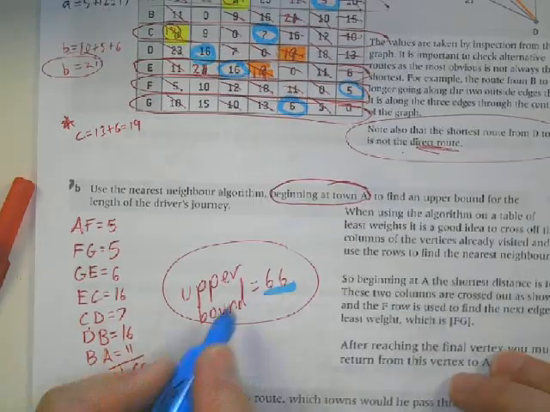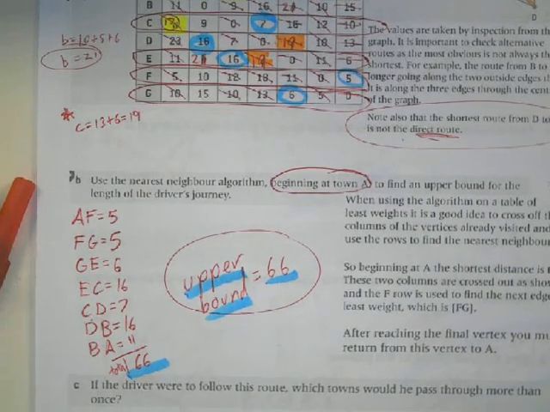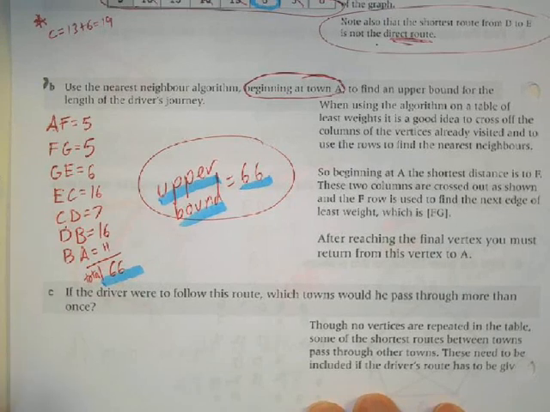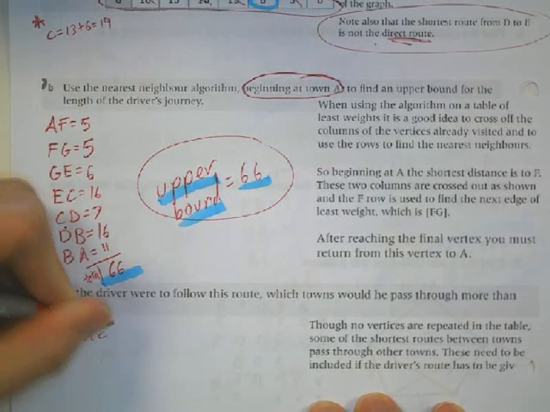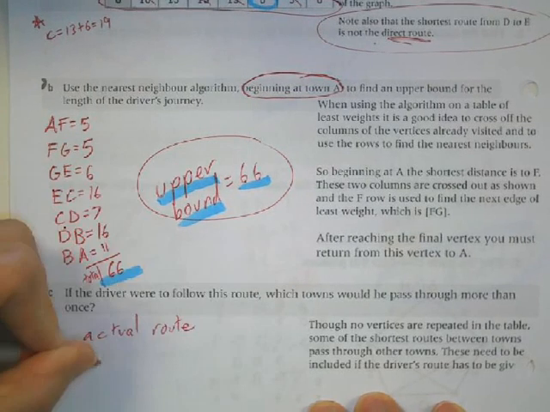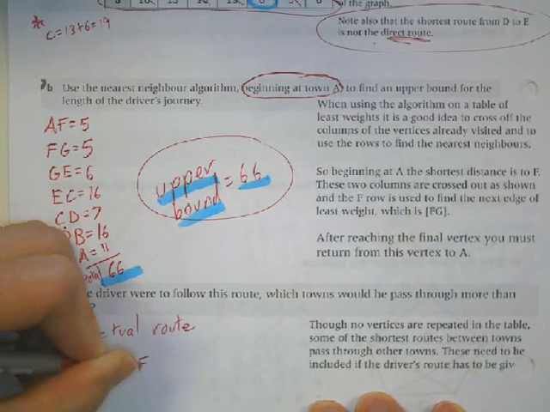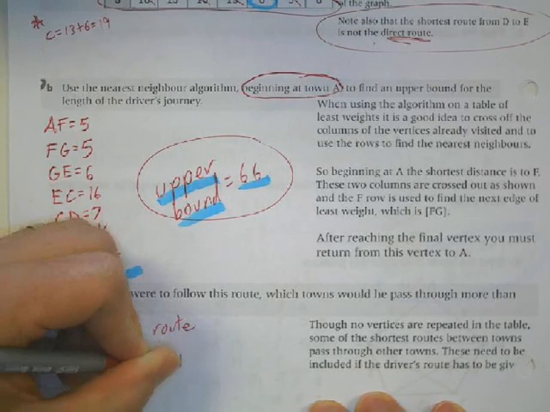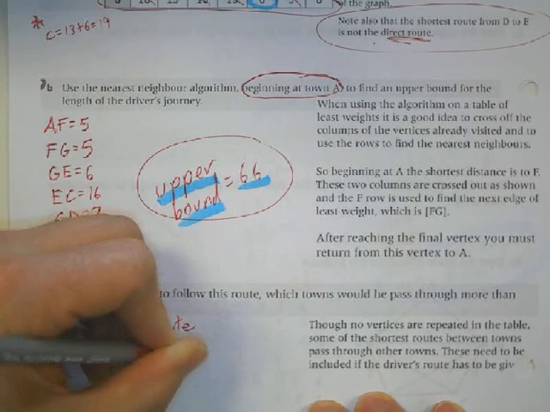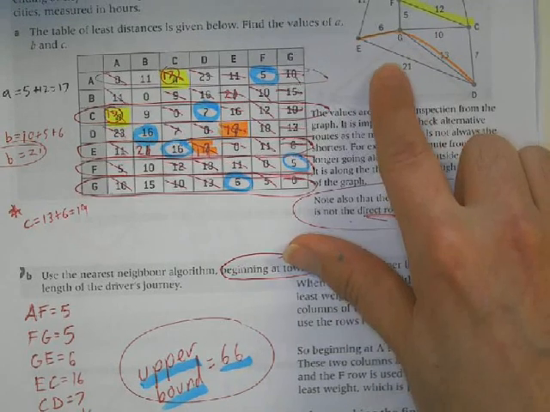And so if the driver were to follow this route, which towns would he pass through more than once? So the actual route is A, F, G, E, G, C, D, C, B, A, because of the shortest distance thing happening here.